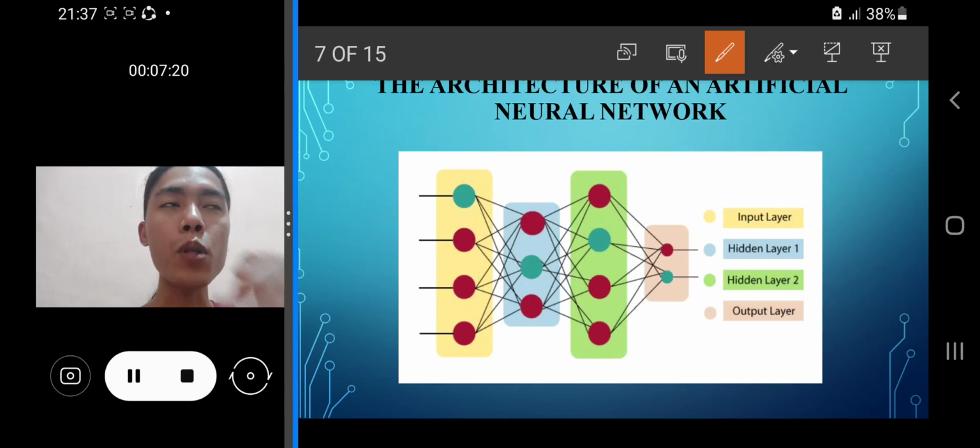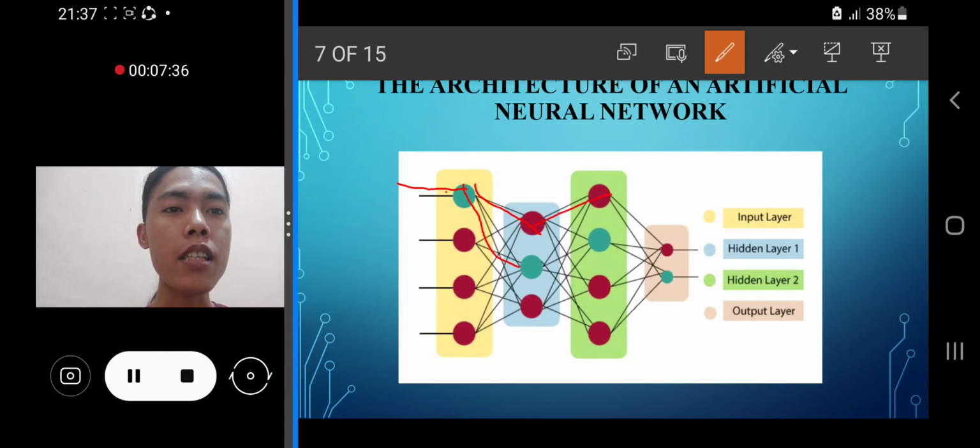If I input a picture of a dog or cat, it goes here, and then the input goes to the weights and goes to the nodes, and then the nodes will compute.